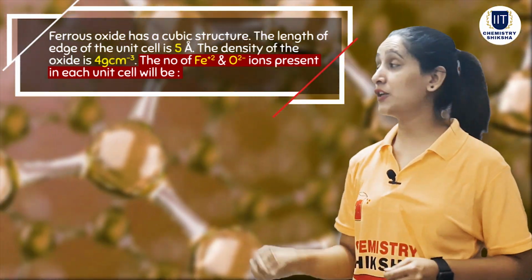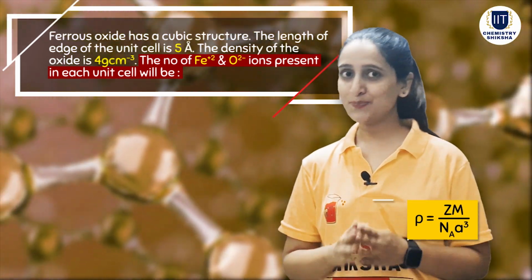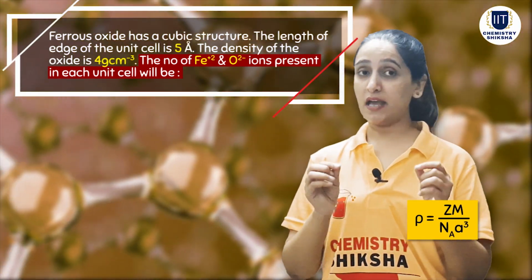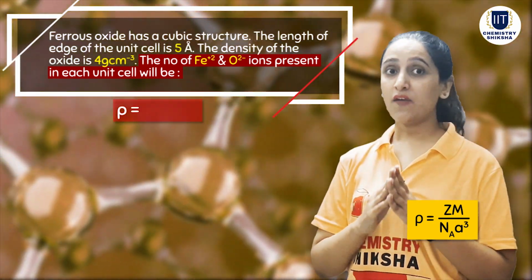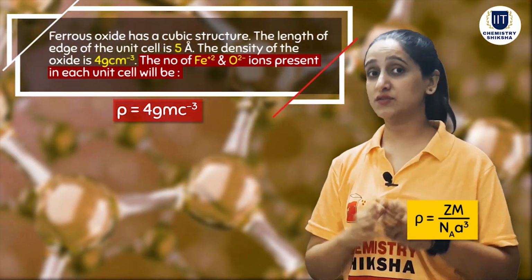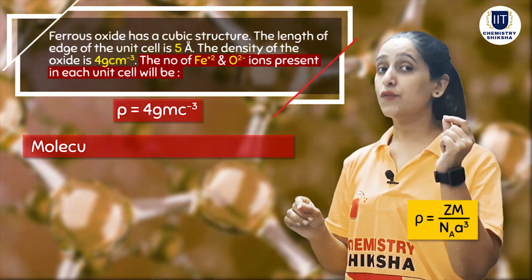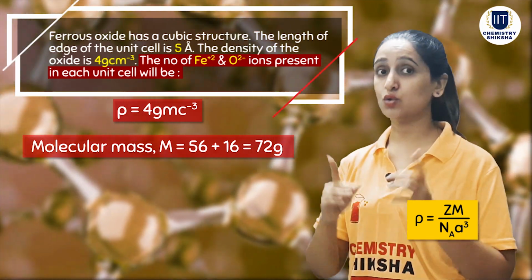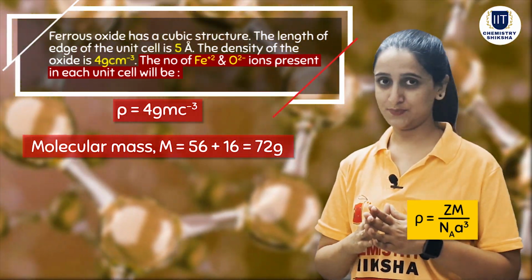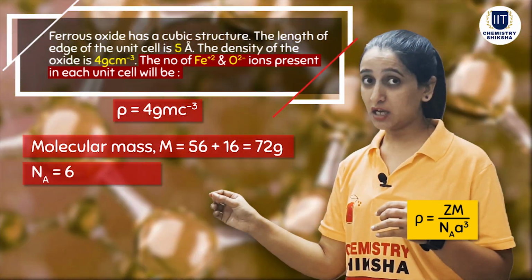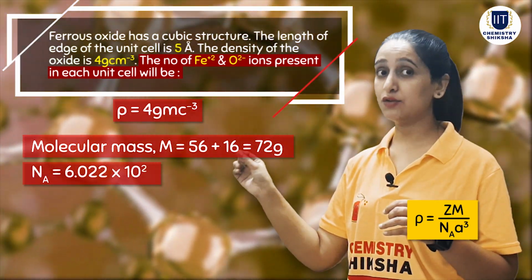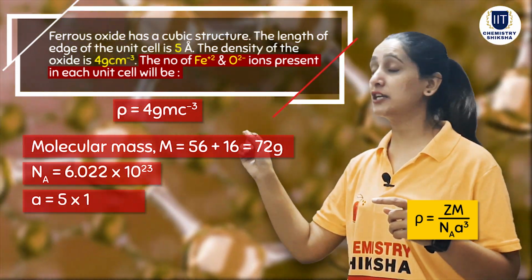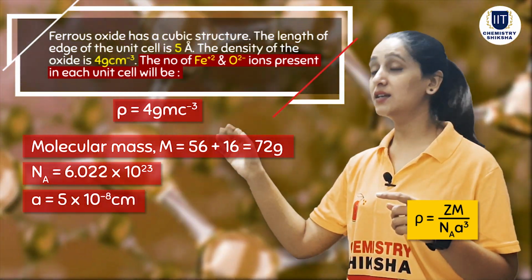So the density of a cubic crystal is given by the formula rho is equal to ZM upon Na into a cube. Value of density is known to us. Value of molecular mass of ferrous oxide, which we have to calculate: for iron it is 56 and for oxygen it is 16, so the total will be 72 grams. Value of Avogadro number is 6.022 into 10 to the power 23, and value of edge length is 5 into 10 to the minus 8 centimeter.